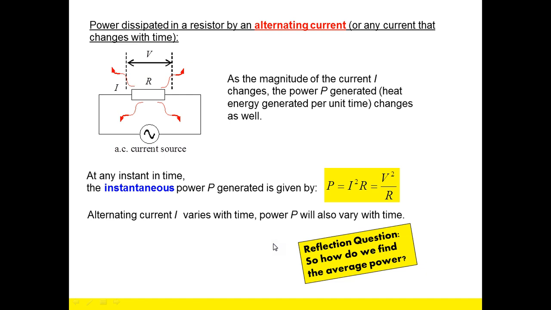imagine you are now trying to use this as a heater, as a kettle to boil water. At what power then does your kettle boil the water? If you're a salesperson trying to sell this to someone, do you tell them the instantaneous power at all times? That would be relatively difficult. Hence, we will need to find what we call the average power.